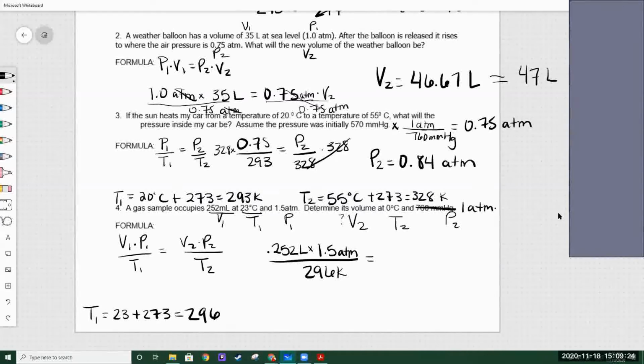My second volume is what I'm looking for. My second pressure is 1 atmosphere. And then for my T2, it'd be 0 plus 273, which is 273. So then I would solve for V2. In this case, it would be just 1 divided by 273, so the reciprocal.